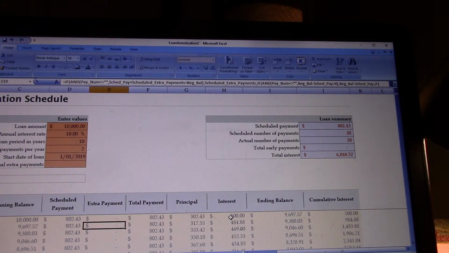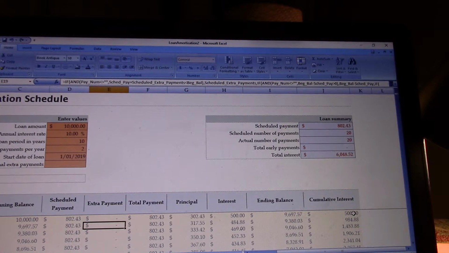You make the total payment of $802.43, and in it, $500 is the interest payment. So the difference, $302.43, is the reduction of your debt. You take that part out of your beginning balance, and that will be your ending balance.